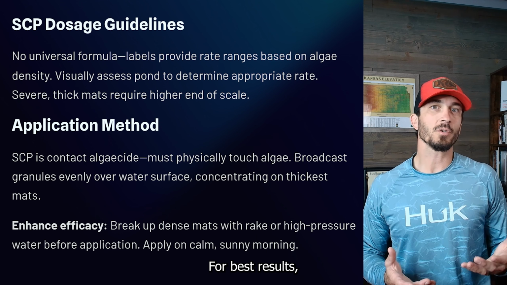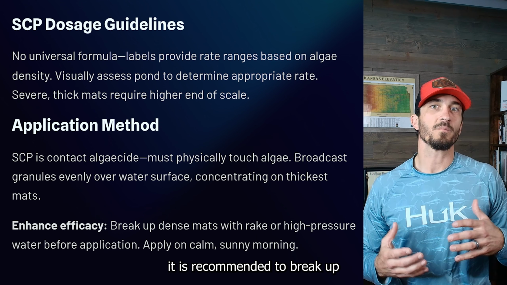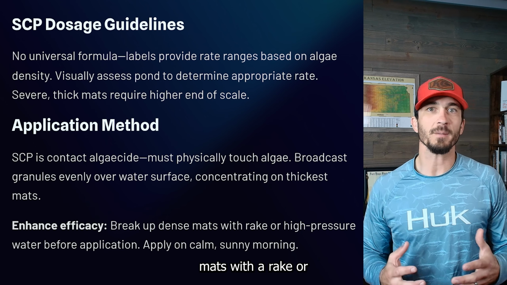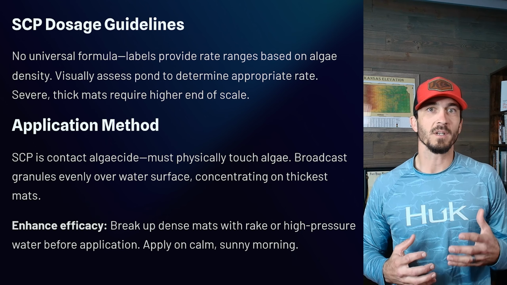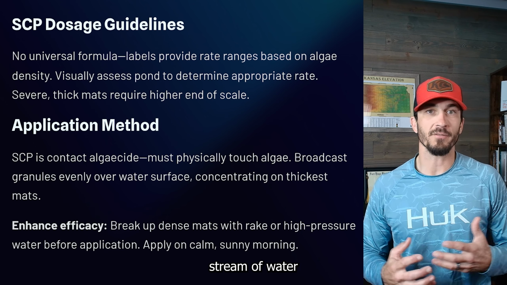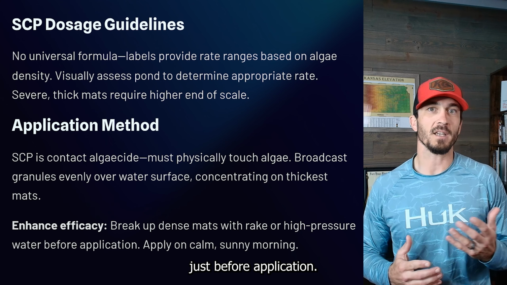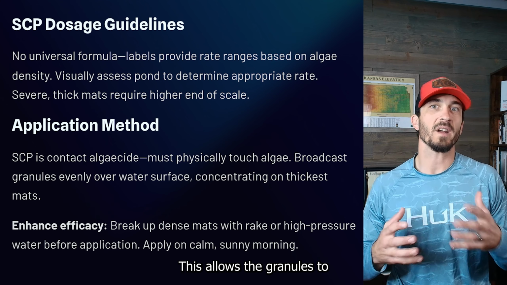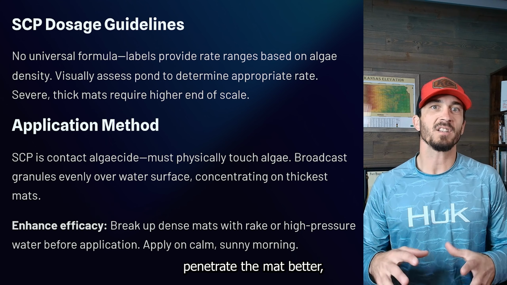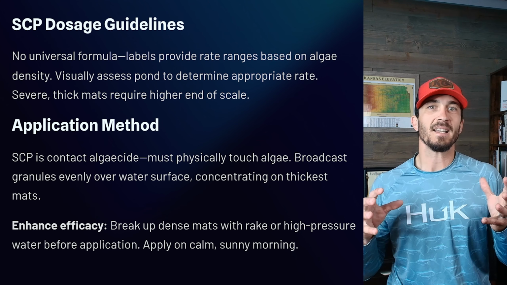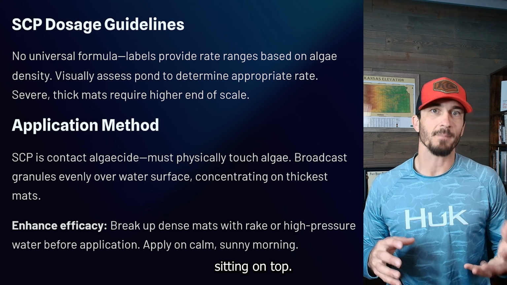For best results, it is recommended to break up dense floating mats with a rake or a high pressure stream of water just before application. This allows the granulars to penetrate the mat better rather than just sitting on top.